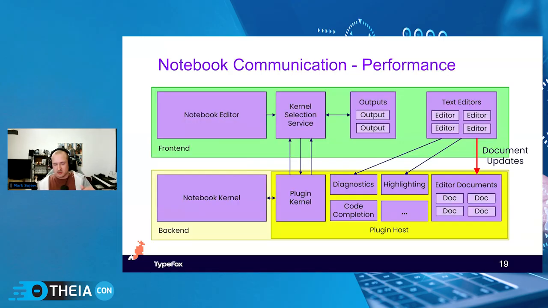So like I said, we replicate all of those text editors that are available in a notebook to the plugin host. And so what we did was we sent hundreds of update notifications when the notebook editor was opened in order to replicate each cell individually. And this clogged up the whole RPC mechanism from the front end to the plugin host, where the backend is squeezed in between.